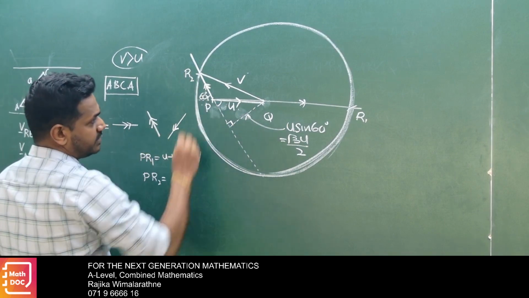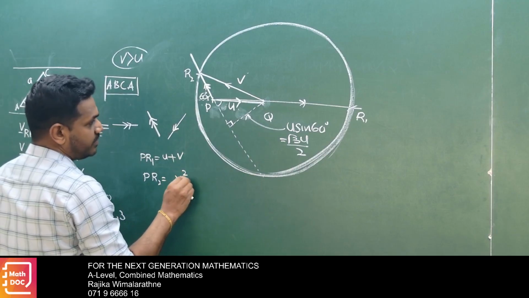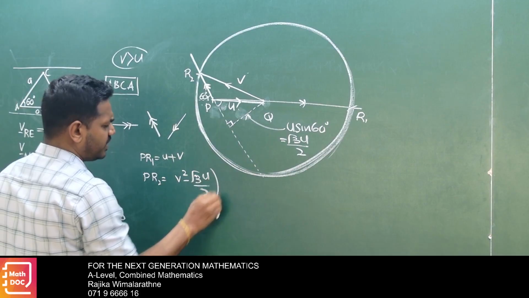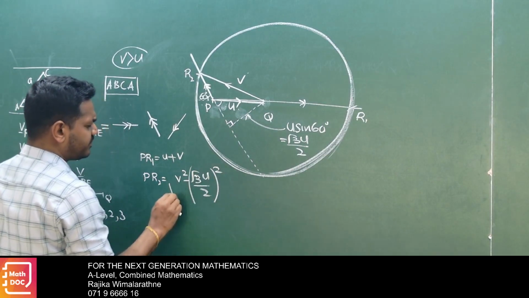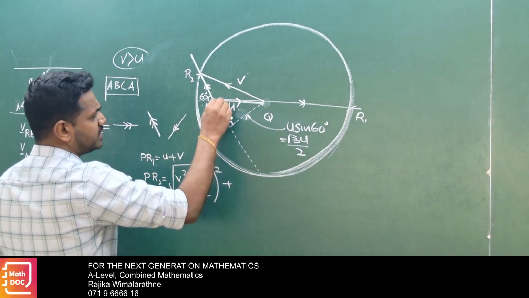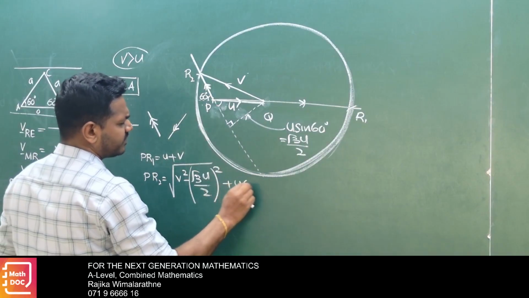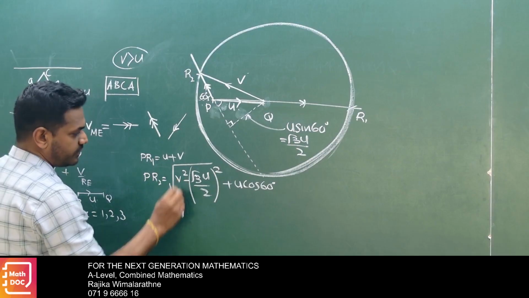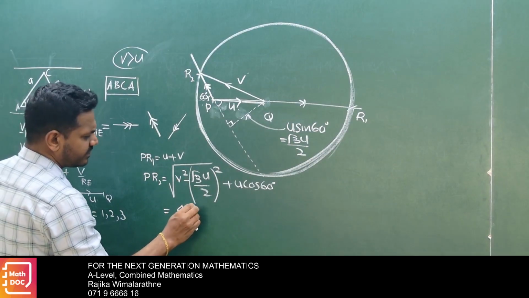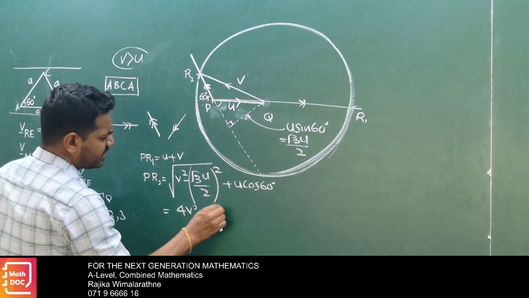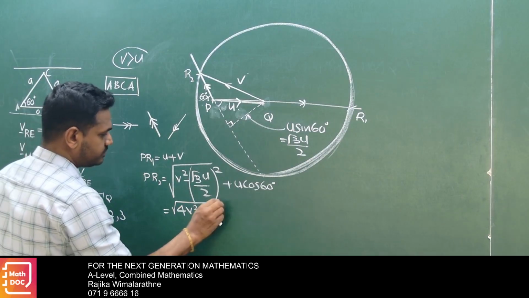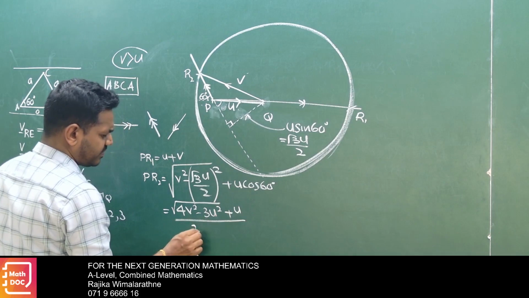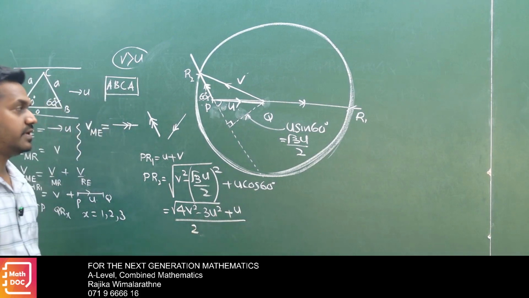Apply Pythagorean theorem: square root of V square minus (root 3 U over 2) square, plus here U cos 60, which is half U. Here the value of PR2.